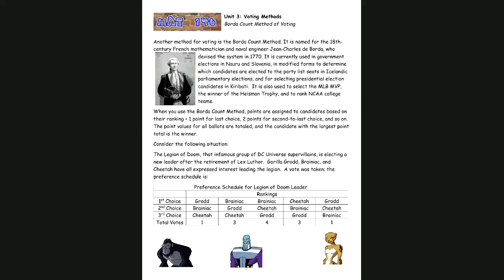So this is a system that's been around for a little bit. It's currently used quite a bit throughout the world. It's used in government elections in Nauru and Slovenia.